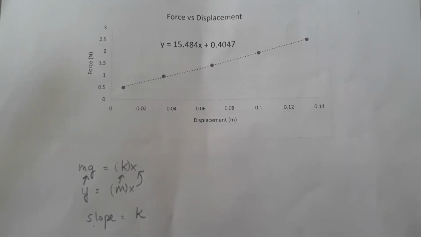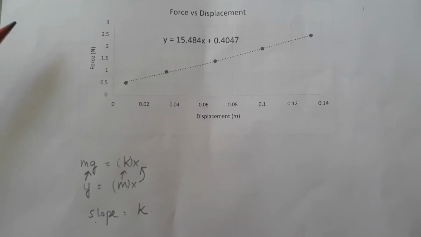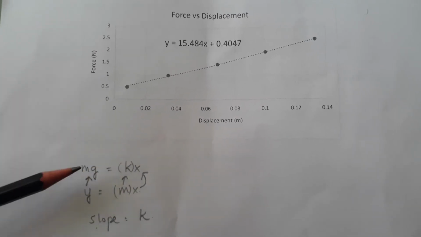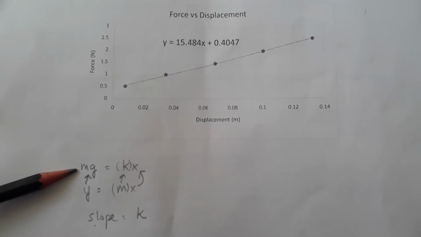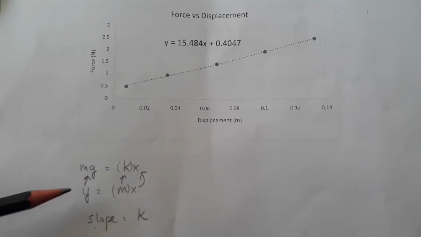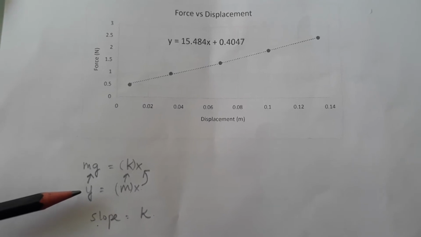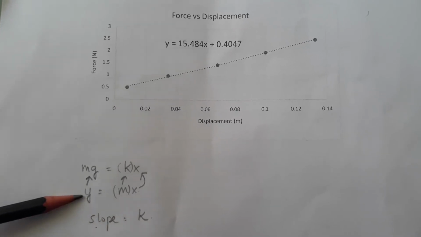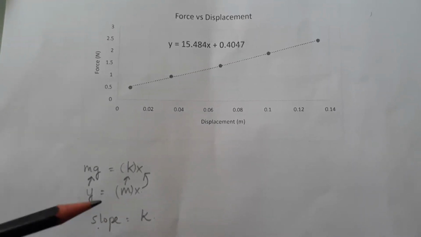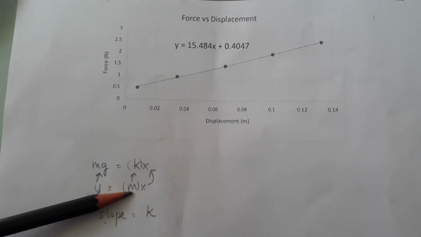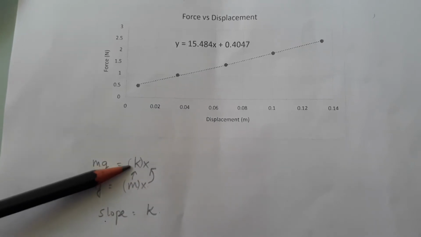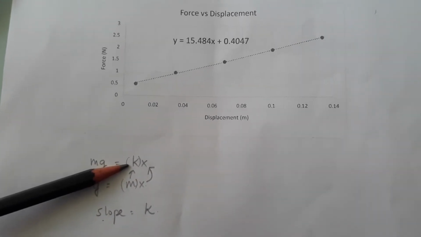The whole idea of the calculation is that you want to plot force versus displacement. The reason we are doing that is that, as you know, the balance equation is force equal to mg is equal to kx. So if you plot the force on the y-axis and the displacement on the x-axis, whatever you are left with, k, is the slope. So k, which is the spring constant, is the slope.